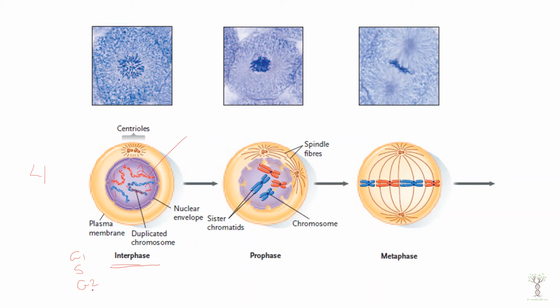One of the organelles in eukaryotic animal cells that's very important for cell division are the centrioles. The centrioles are going to replicate during the G2 phase as the cell is preparing for cell division. So at the very beginning of cell division, at the beginning of mitosis, we will have 2 pairs of centrioles.